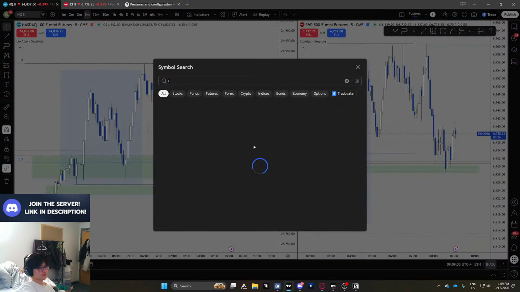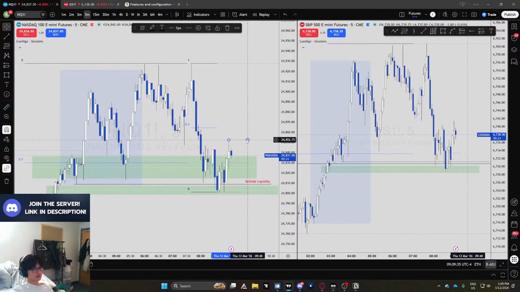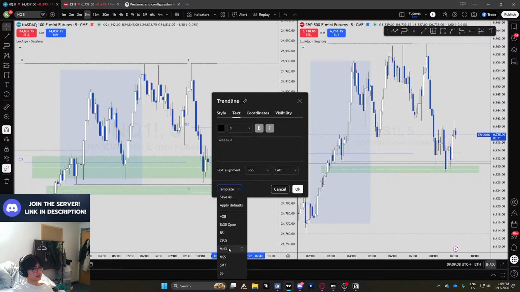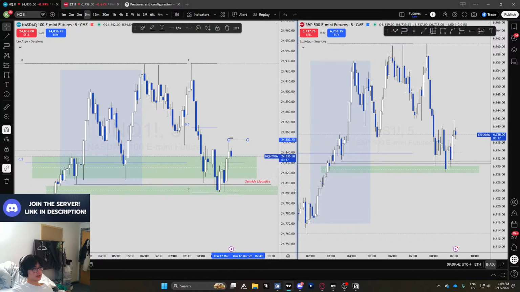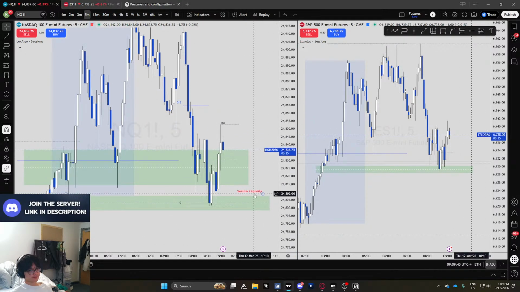If we get market structure there, or like a close above that, and then a fair value gap, I'll be willing to take that, but otherwise, nothing.